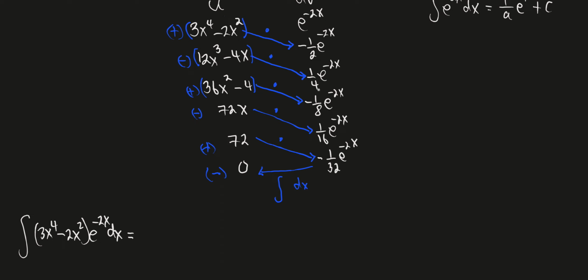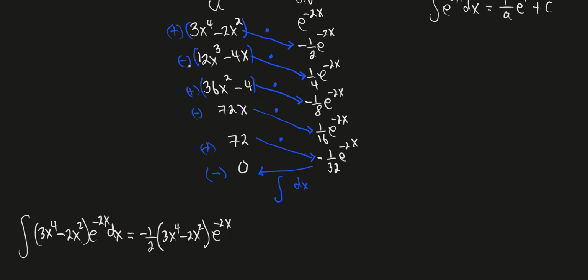What I will do is put these constants in front of the e, in front of the entire expression. So I'm going to have negative 1/2 times the quantity 3x to the 4th minus 2x squared times e to the negative 2x.